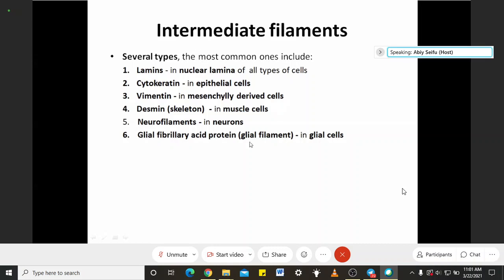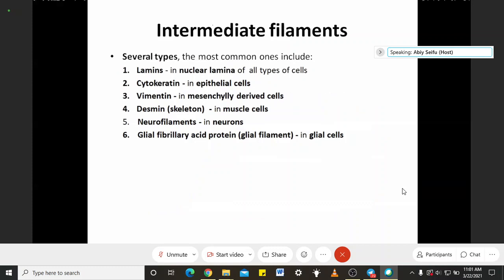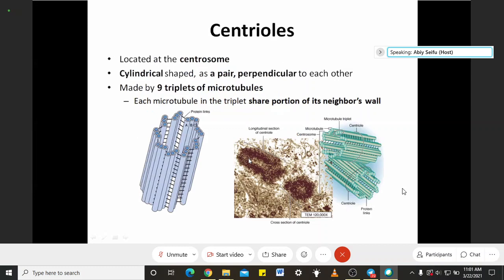Intermediate filaments are specifically found in different types of cells, meaning they are of various types. So that's what I can tell you about the three filamentous proteins, which are important in several activities in our cells.